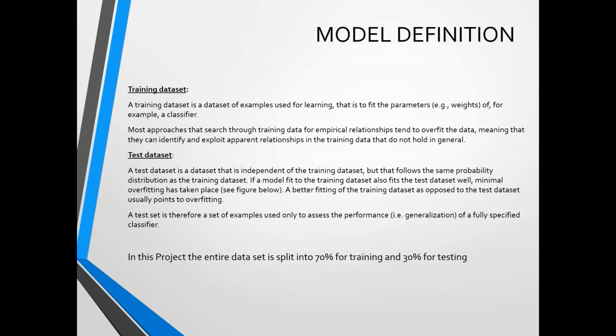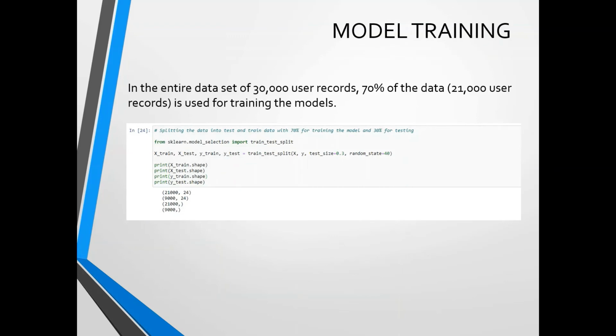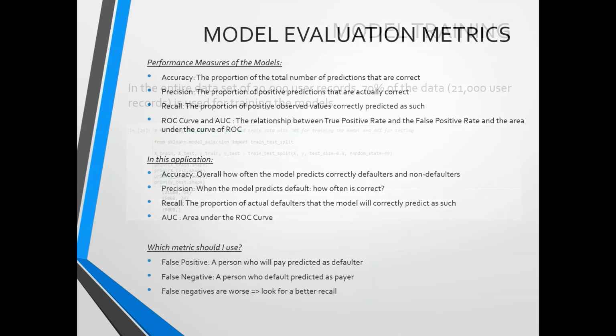Like I said earlier, the data is split into a training set and a test set, accounting for 70% and 30% of the global database. So if we see here, the model evaluation metrics. Since it is a classification problem, the performance measures of the models will be different. We'll first have the accuracy, which is the total number of predictions that are correct.